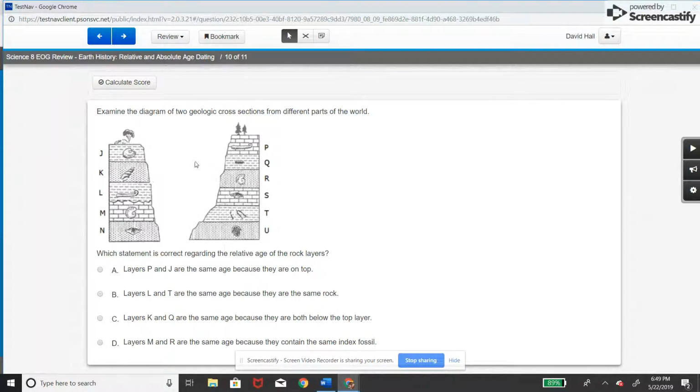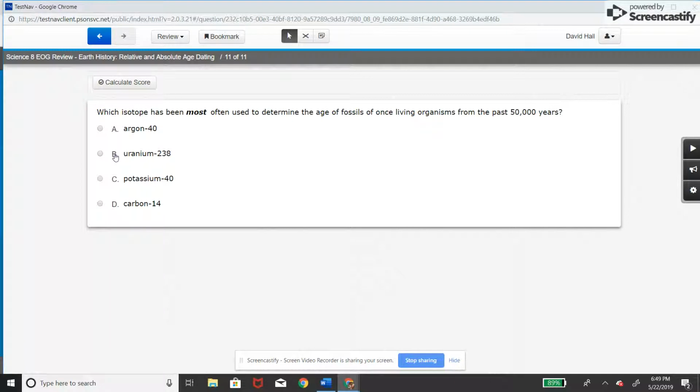Not true. Obviously, some kind of dip slip or something happened here. M and R are the same because they have the same index fossil. That makes sense. Same index fossil. Yes, great. Last but not least, which isotope has been most often used to determine the age of fossils from living organisms from the past 50,000 years?